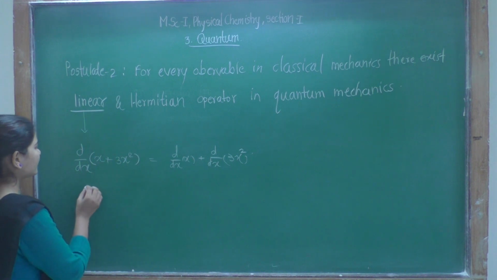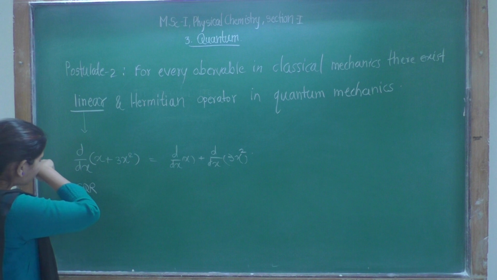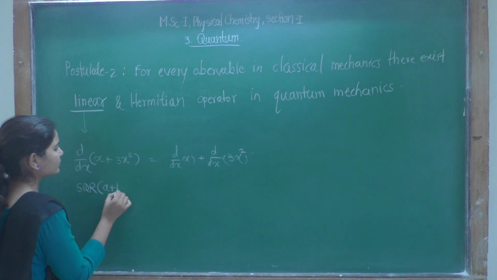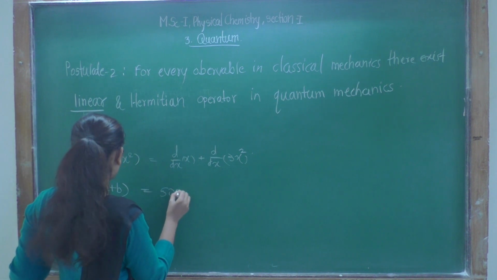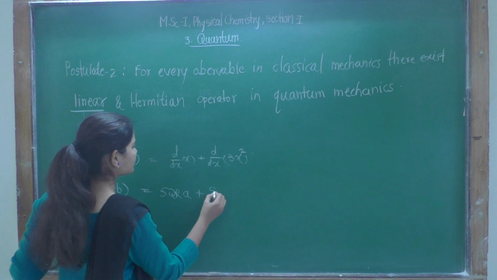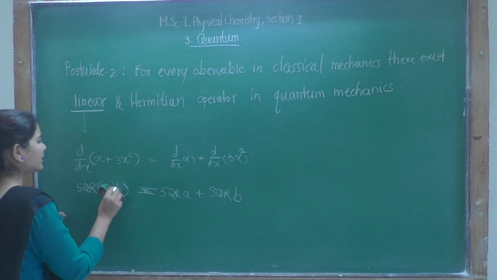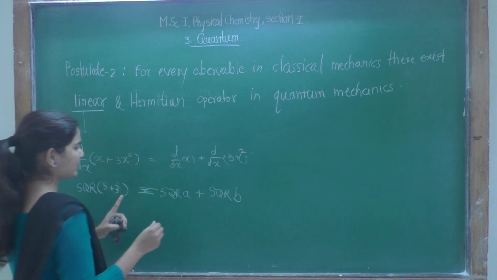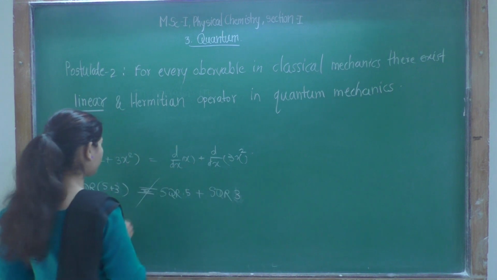But for the operator, for example, square, if we take the square of a plus b, can we write it as the square of a plus the square of b? Let's take some values here. 5 plus 3, square of 5 plus 3. Can we write square of 5 plus square of 3? No, it's wrong.